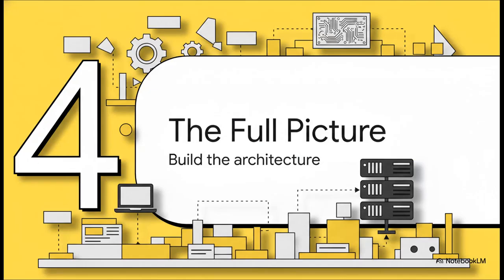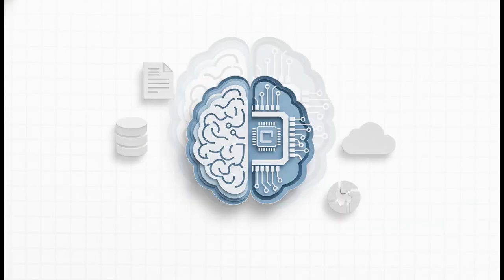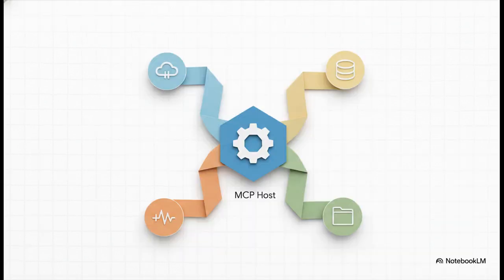All right, so we've met all the players, we know the rules of the game. Now let's put it all together and actually see this architecture in action. So it all begins here with our MCP host. This is our central hub, our AI application that needs to reach out into the world and grab information to do its job. Now, for every single tool or data source it wants to connect to, the host fires up a brand new client.